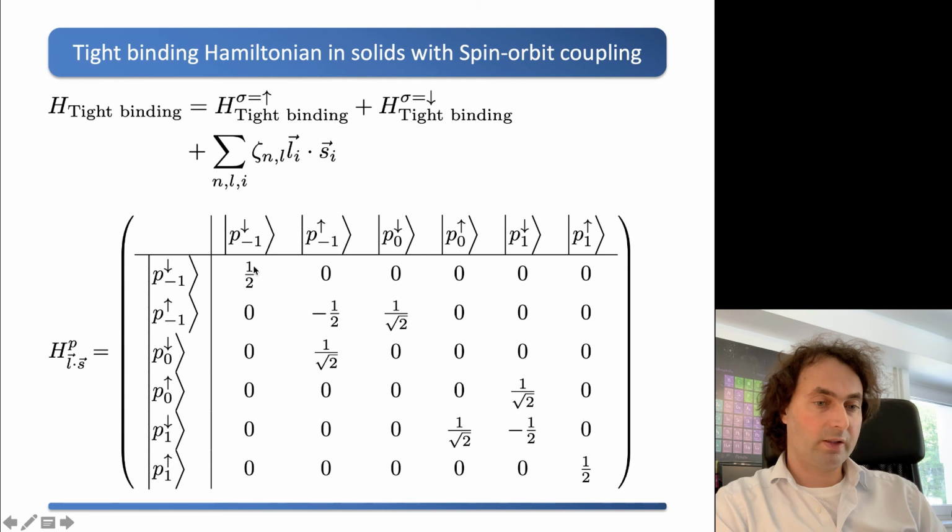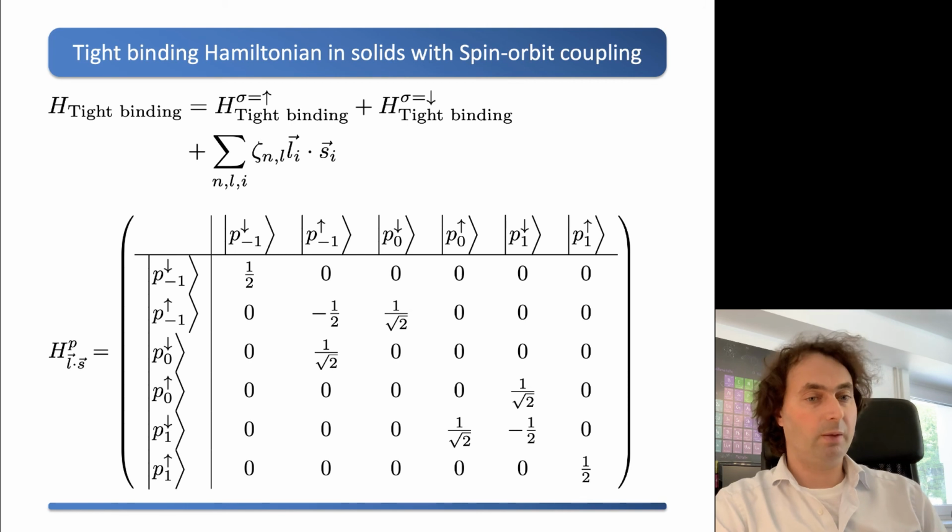On the diagonal it's just Lz times Sz, so -1/2 for the spin down times -1 is 1/2. -1 angular momentum times the Sz of 1/2 gives you -1/2. When Lz is 0, the diagonal is 0. Lz is 1 times spin -1/2 or spin +1/2 is giving you the states on the diagonal.